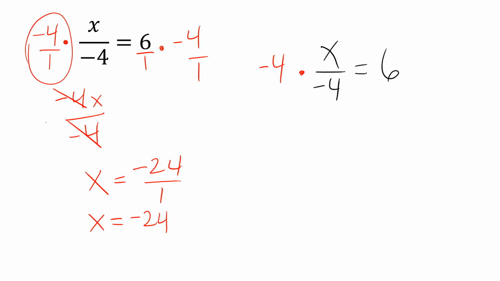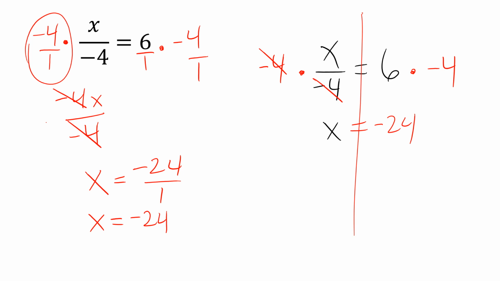And then we usually show that these cancel each other out for the reasons that I showed you earlier. And you have x. Then you have to multiply by -4 on the other side, because what you do to the left hand side, you have to do to the right hand side as well. And 6 times -4 is -24. See, it's a lot fewer symbols here, but I wanted to explain that whole canceling out and why that works out.